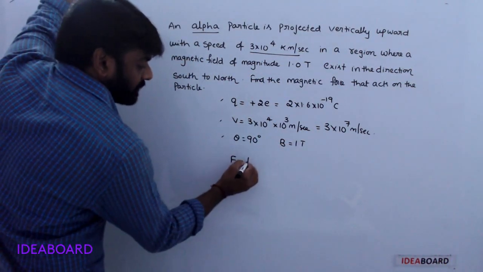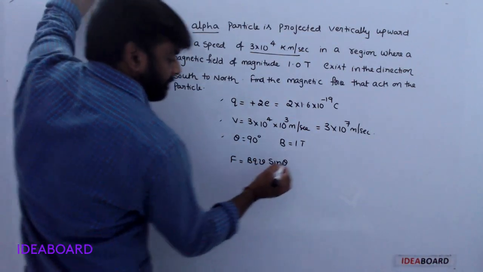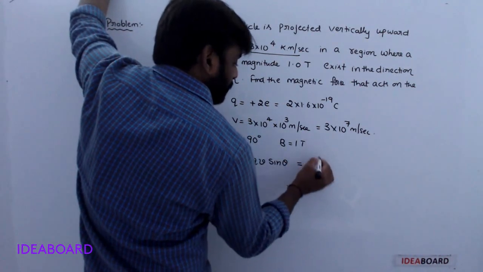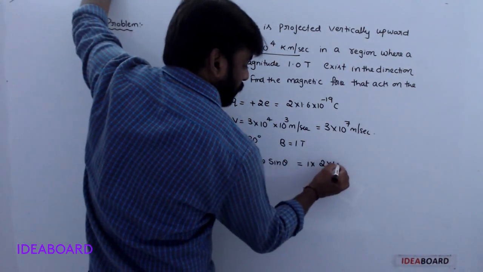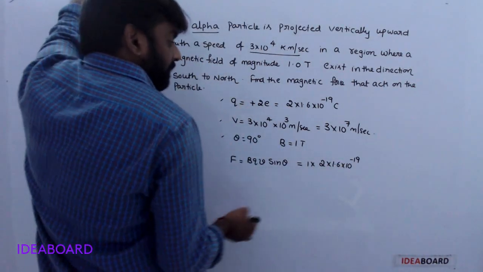Required one is force. F is equal to BQV sin theta. B is nothing but 1. Q means 2 into 1.6 into 10 to the power of minus 19.